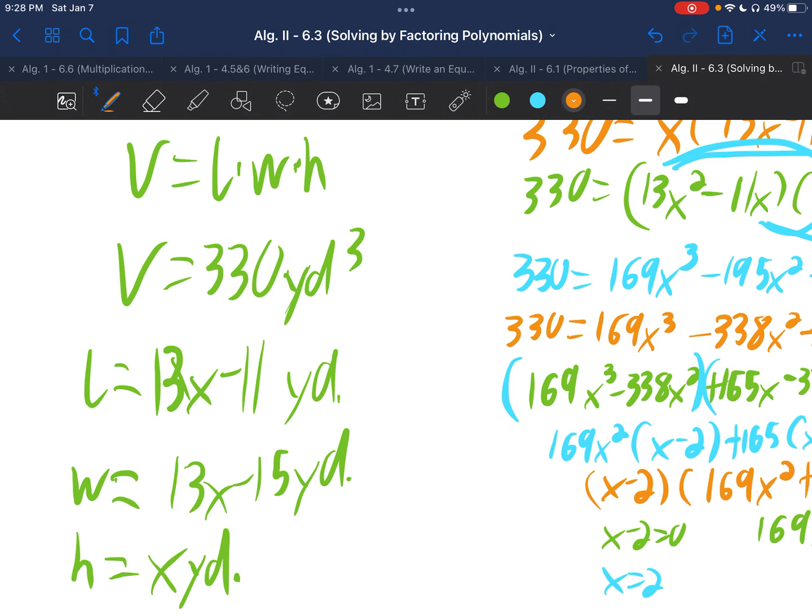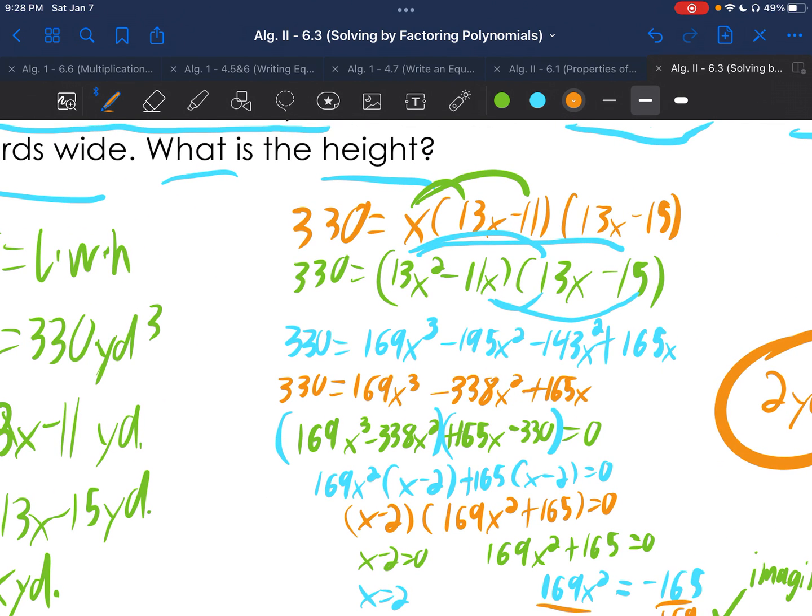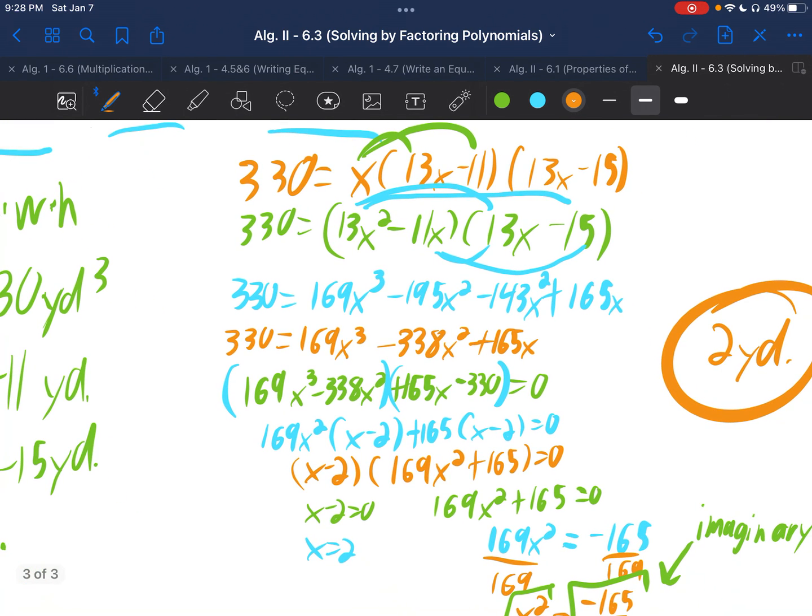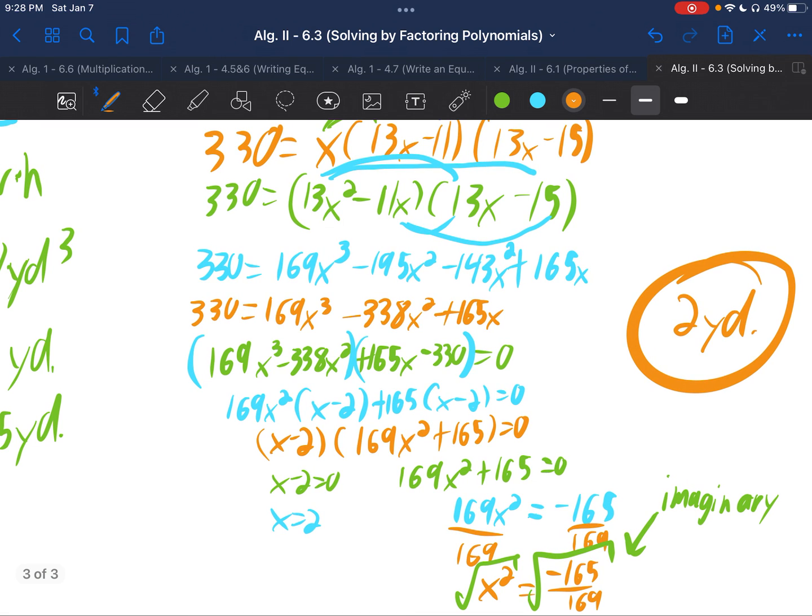Then we plugged in what we knew, saying volume, length, width, height, and we said, hey, we have factoring, but it's not equal to 0, so we multiplied it back out, set it equal to 0, then refactored, and then we're able to actually solve it. We said we don't need an imaginary answer when we're talking about height or length or width or real world scenarios in general. So we just said x equals 2, and plug that in, and got 2 yards as our height.